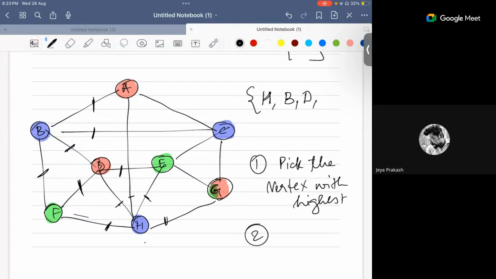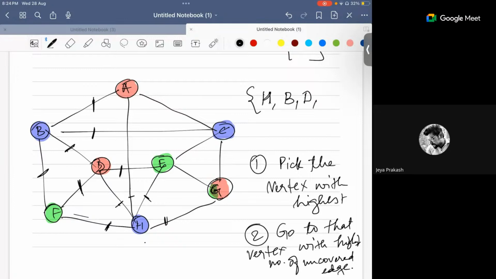Some vertices may have the highest degree, but maybe some of their edges are already covered. So the next step would be to go to that vertex with the highest number of uncovered edges.